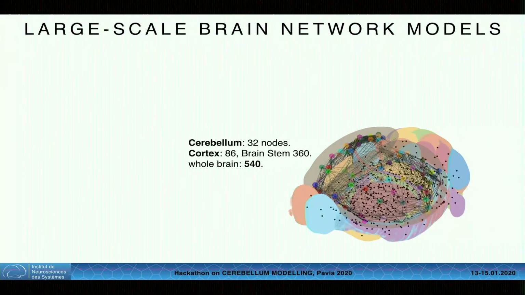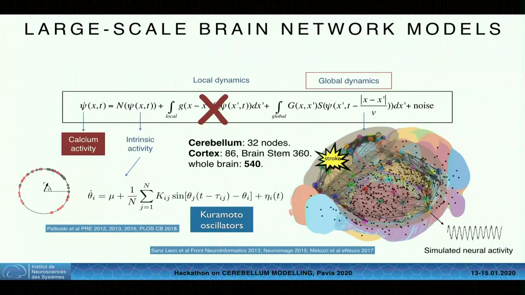And then from DTI and MRI in mice, I also think that one could not get more than a few regions for the cerebellum. And then interestingly, the brain stem is quite well represented. There are 360 regions.